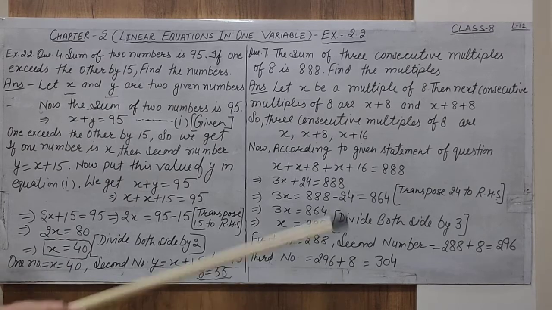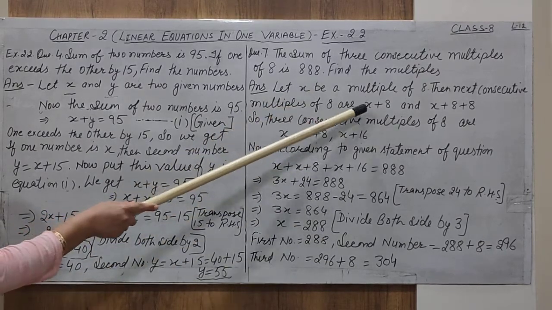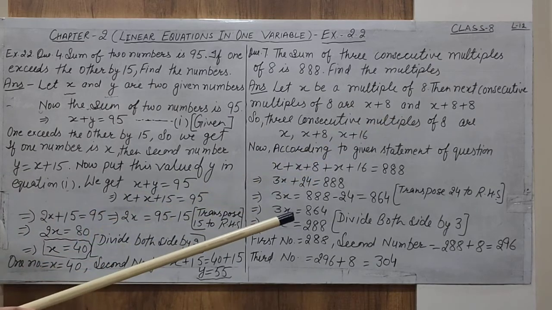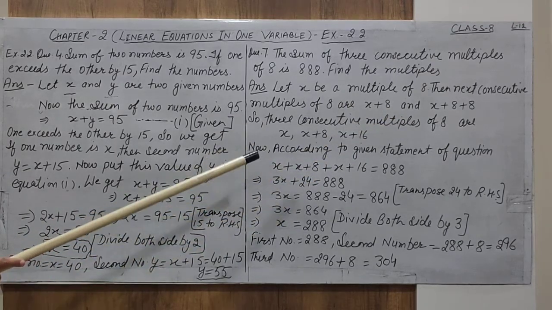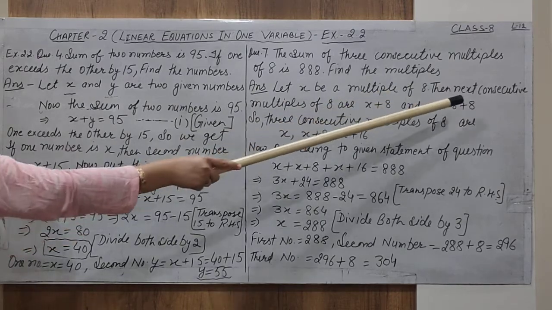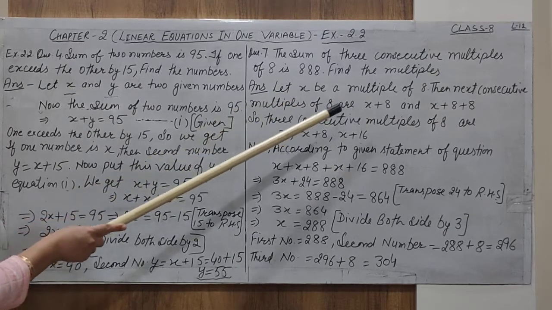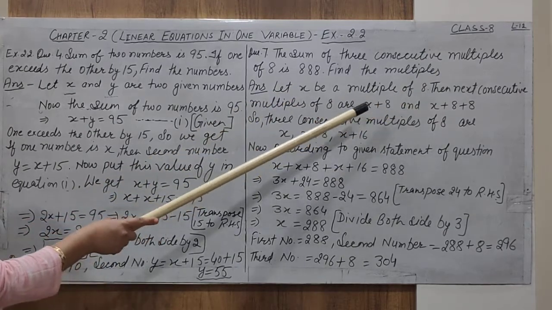If we know the first multiple only, then we can find out the next multiple of 8. So suppose let x be a multiple of 8, then the next consecutive multiples of 8 are obtained by adding 8 every time to the previous one.